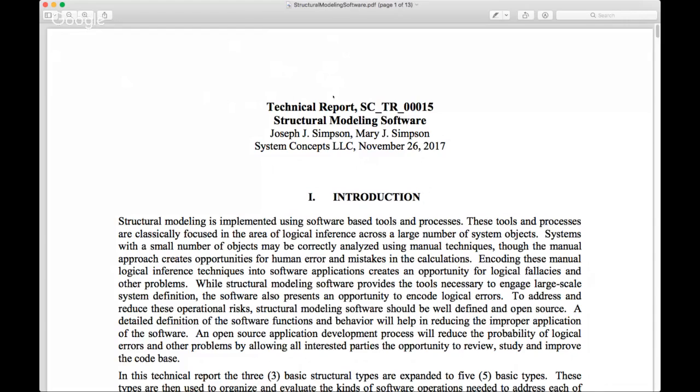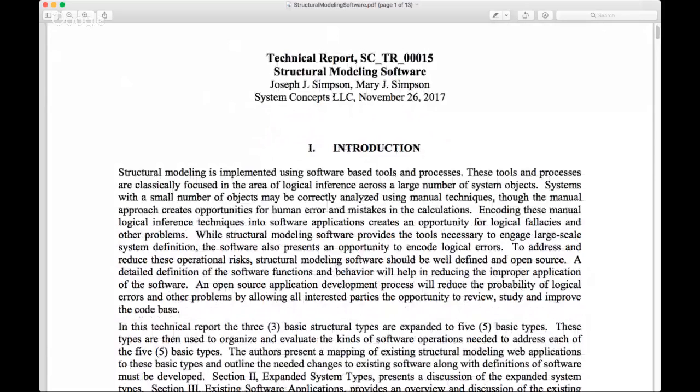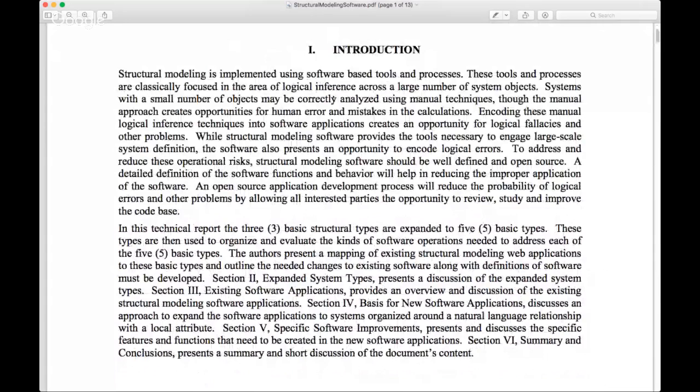So in the introduction, we're talking about the structural modeling software that was developed to support structural modeling activities. Of course, you need the software to assist in the inference piece.